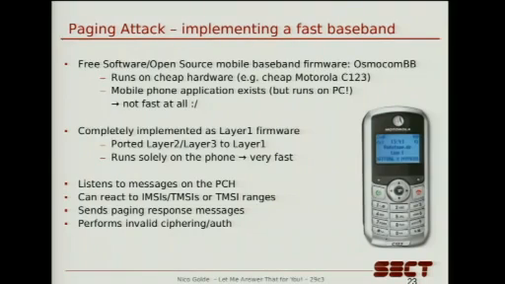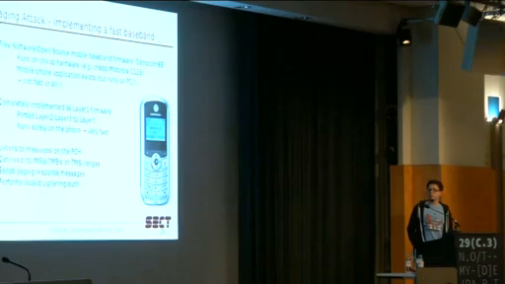So how would you actually implement a very fast baseband, or how would you implement your own baseband firmware at all? And this is where all the recent movement from the GSM open source community comes into play, because there is actually a free software open source baseband, which is called Osmocom BB, which you can modify so you have your own baseband implementation. It also runs on real hardware, which you see there.